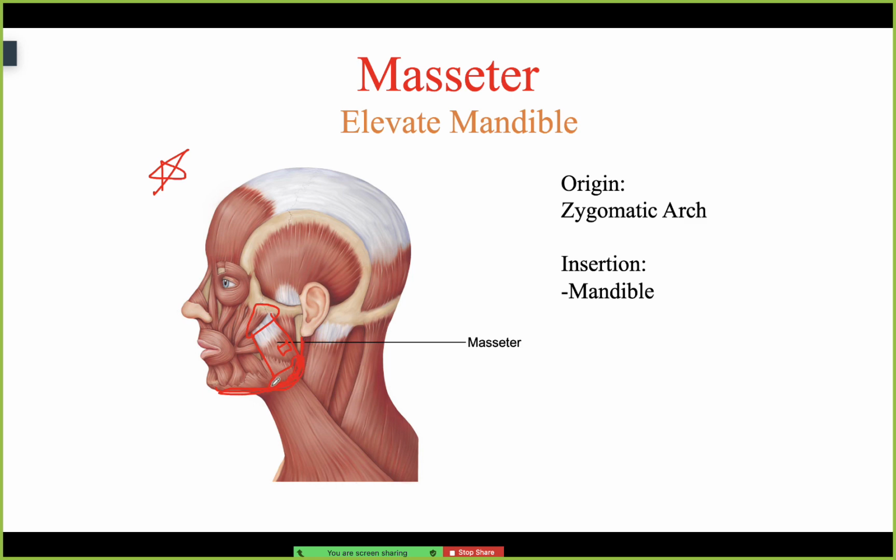That's called the ramus of the mandible. That's where it inserts. So when this muscle contracts, it brings your whole mandible up. And it allows you to do chewing. So masseter elevates the mandible, origin is the zygomatic arch, and the insertion is the mandible.